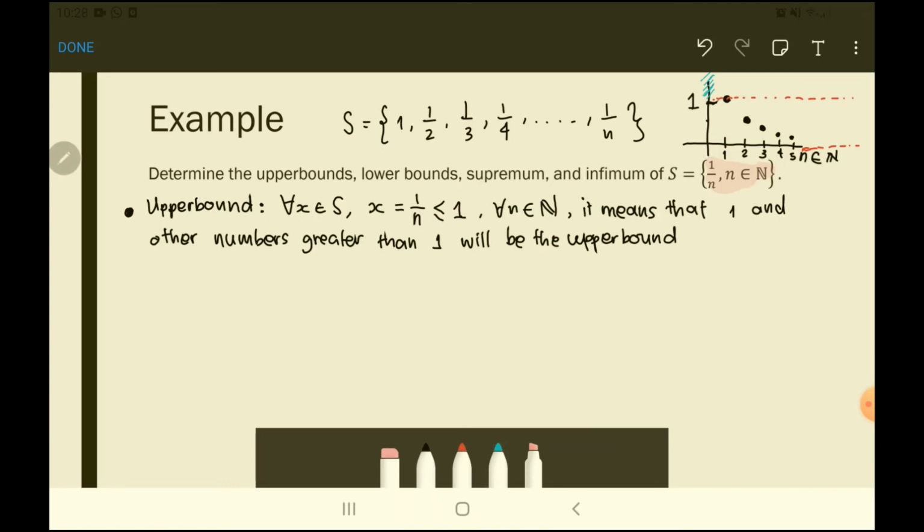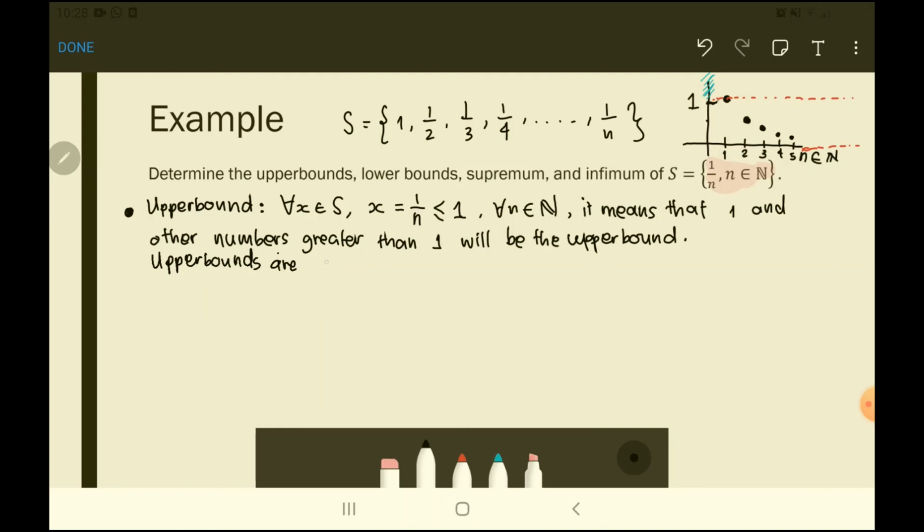So formally I can write the upper bounds, because we have a lot of them. Let's say I'm going to name the upper bound as phi.